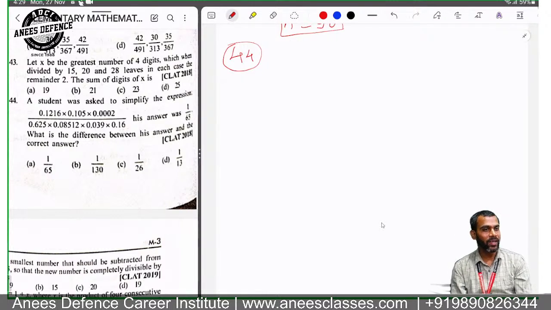So we need to find out the correct answer and then we have to find out the difference. Very easy. So just simplify. Simple multiplication. Yes or no?